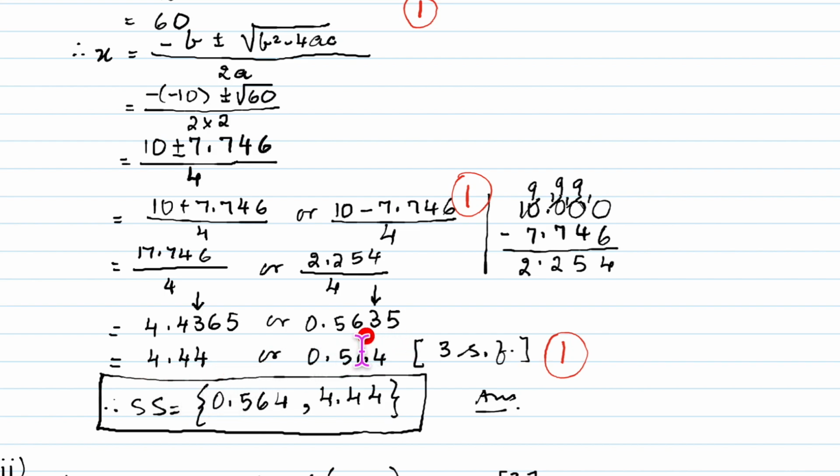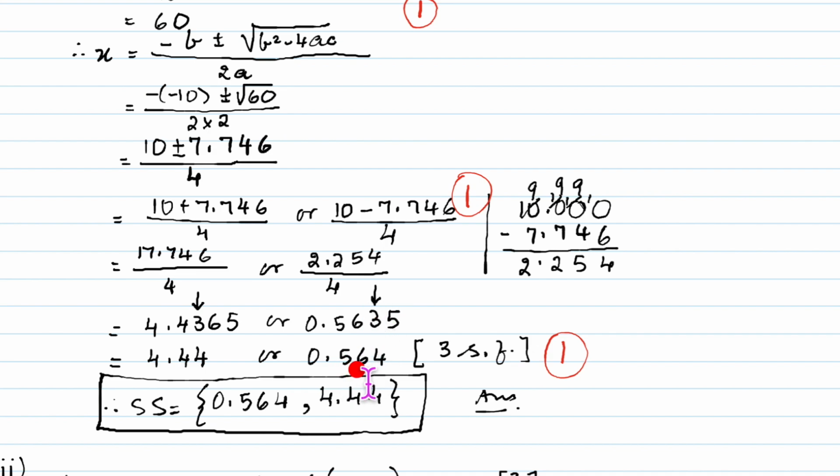The second value is, remember this 0 is not significant because in a pure decimal, 0 is not significant. So 0.5635, above 3 I have made one arrow.